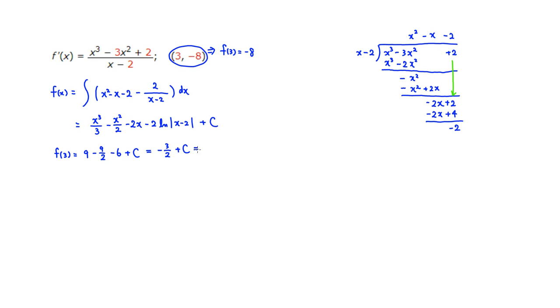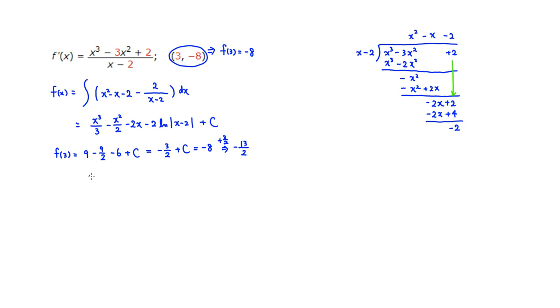And this is equal to negative 8. So if you want to find the c value, we just need to add 3 over 2. If you add the 3 over 2 to negative 8, negative 8 is negative 16 over 2, so it's going to be negative 13 over 2.